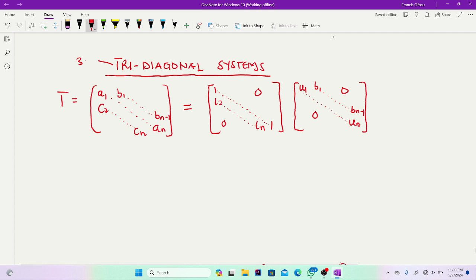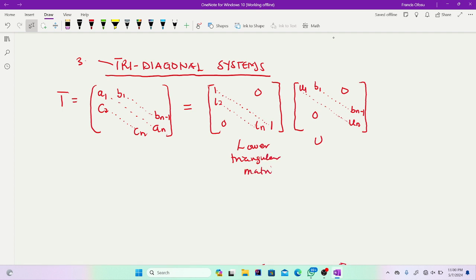If you want to decompose this tri-diagonal system into the LU form, you know that L stands for the lower triangular matrix, and U stands for the upper triangular matrix.